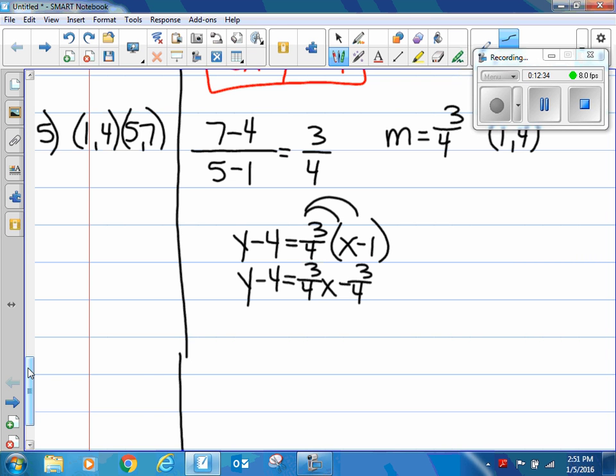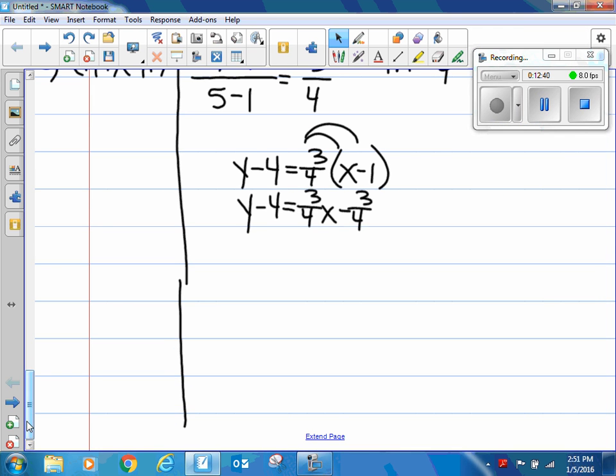But before I go any further, I'm going to get rid of that fraction. We can't have fractions, and I don't like continuing on having to add and subtract fractions. So I'm going to multiply everything by the denominator. In this case, both the denominators are 4, so I don't have to find the least common multiple, I just have to use the 4.